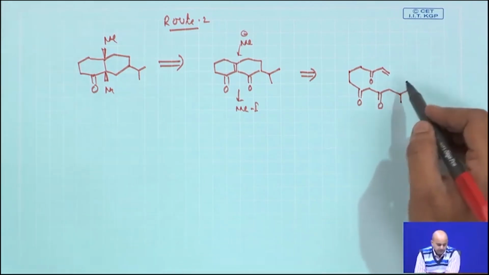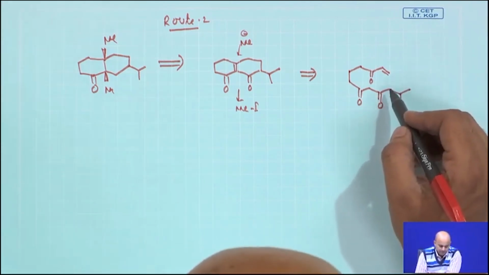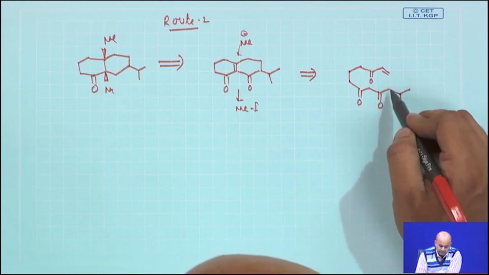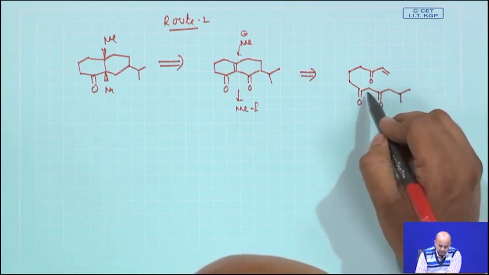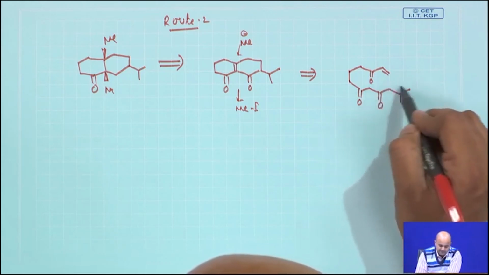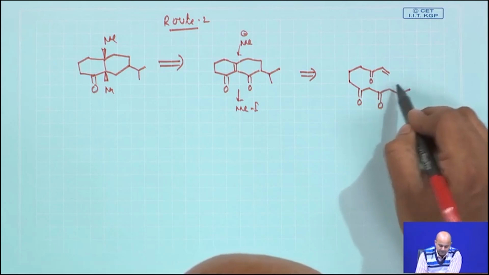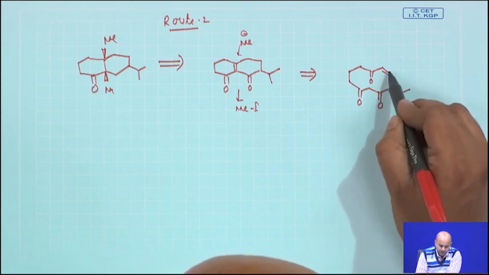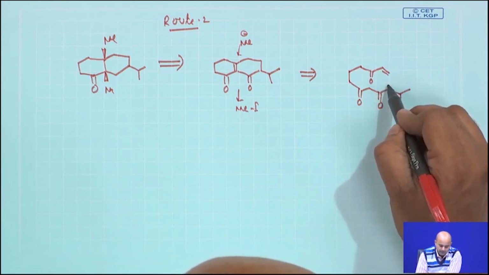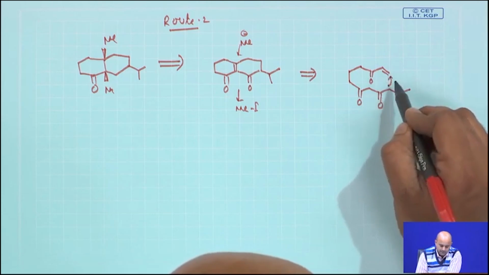Now, what does this retro basically say? This retro says if you can have an initial carbon generation here, that can give you this carbon-carbon bond through a Michael addition. Okay.